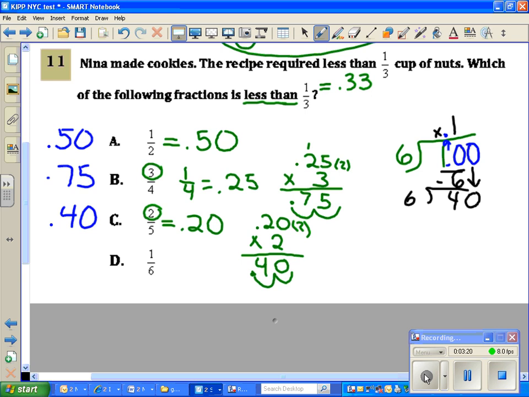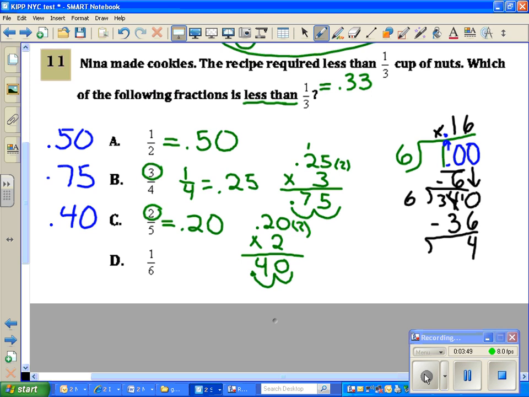Let's see how many times. 6, 12, 18, 24, 30, 36, 42. Oops. Fingers say 6. And the 6 pops up. Mouse says 36, and the 36 goes down. Hook the line, subtract. So now I have a 4, and I should keep calling for help.